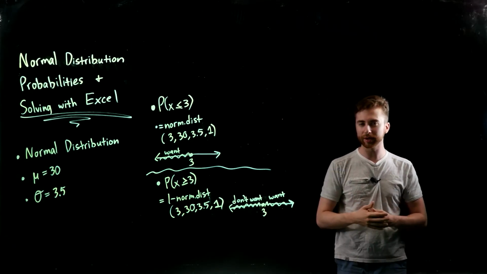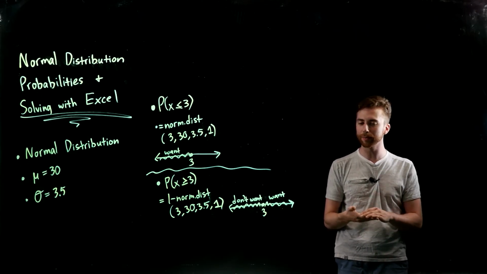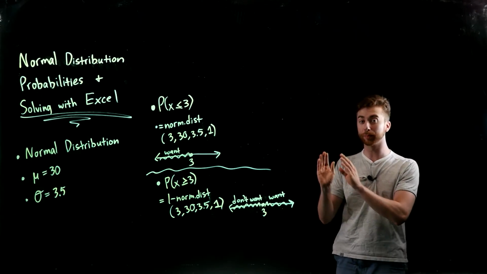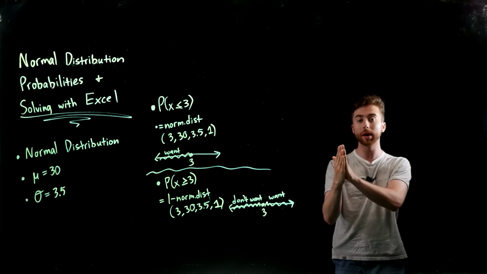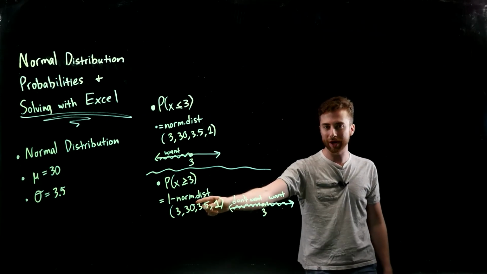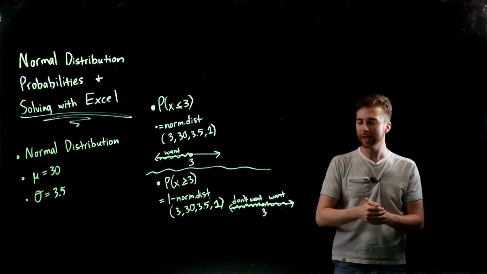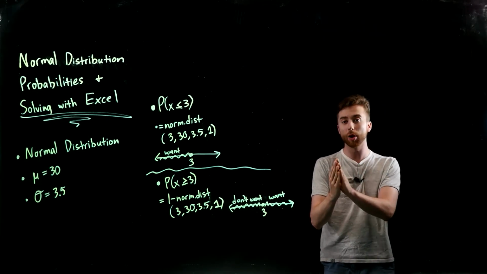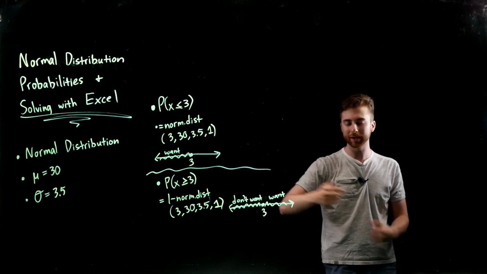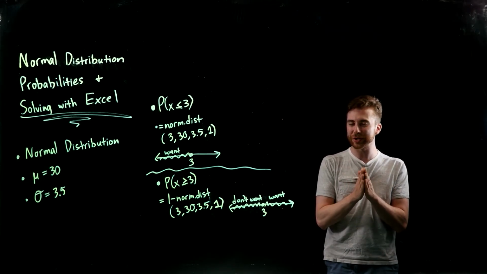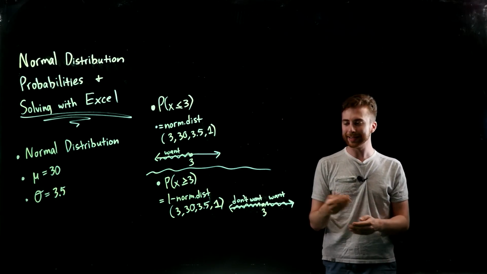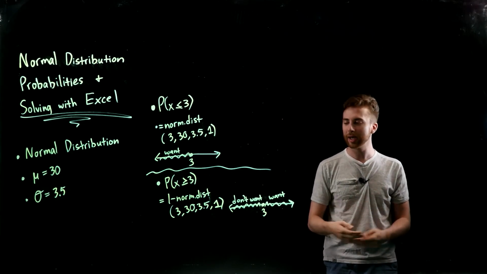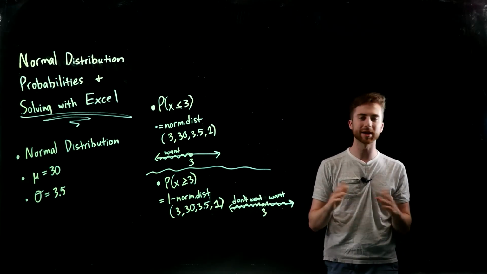I know that might be a little confusing at first, but it's really important to nail down the concept from the previous video on discrete probabilities, because with those, you would go one number before the number in question and use that as your reference point, since that's the first number below the probability we're wondering about. Whereas in this case, the first number before the 3 right here is so close to 3 that we can just put in 3 and it's going to be just fine.